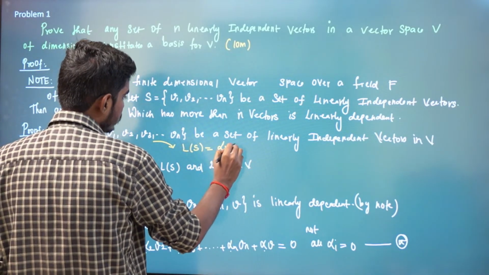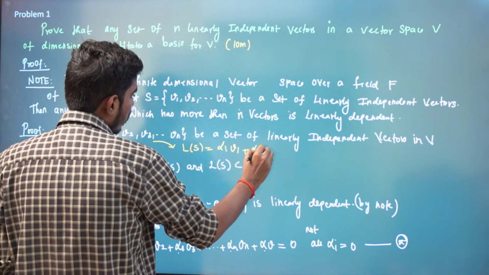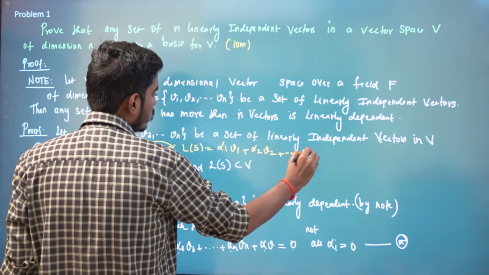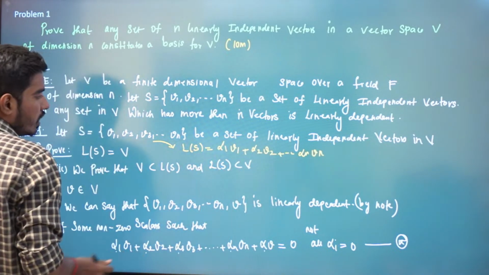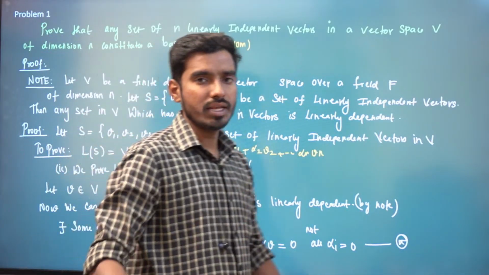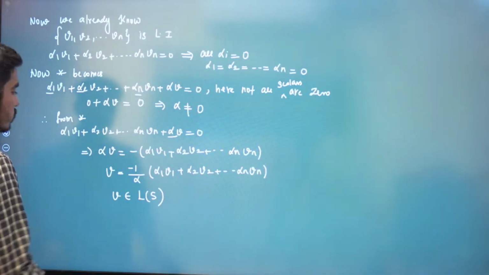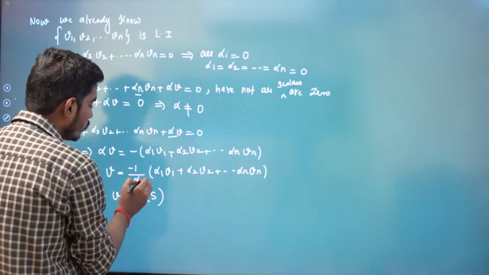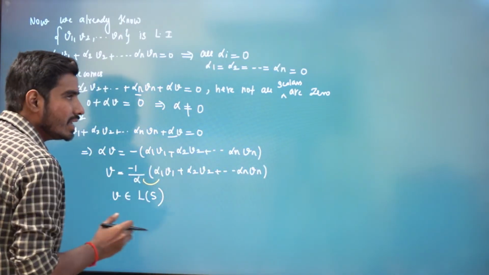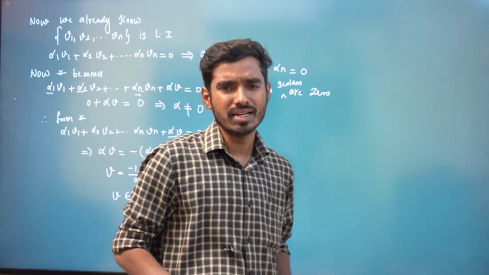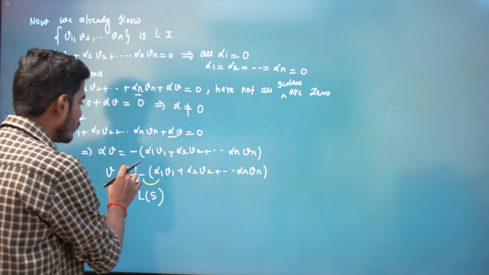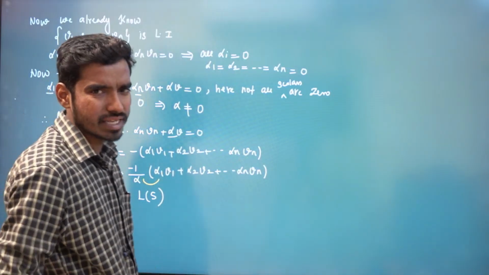So L of S consists of alpha 1 v1, alpha 2 v2, and so on up to alpha n vn, where alpha 1, alpha 2, up to alpha n are some scalars. This is also in L of S. If you multiply this inside, minus alpha 1 by alpha is some scalar, and again minus alpha 2 by alpha is some scalar.